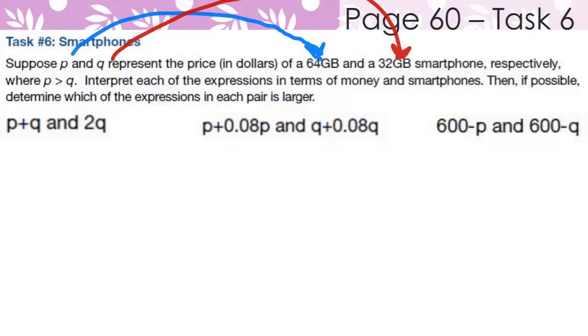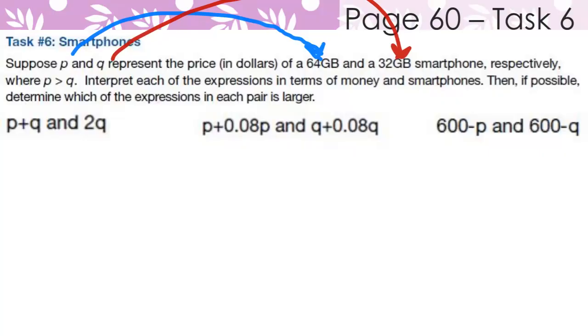Where P is larger than Q. So the 64 gigabyte smartphone costs more than the 32 gigabyte smartphone. Interpret each of the expressions in terms of money and smartphones. Then, if possible, determine which of the expressions in each pair is larger.